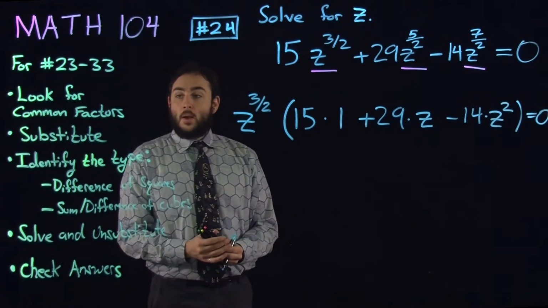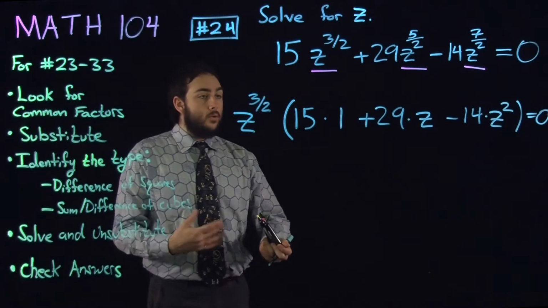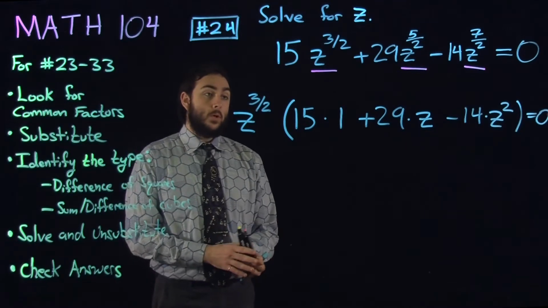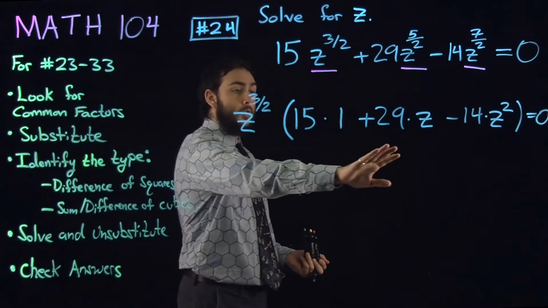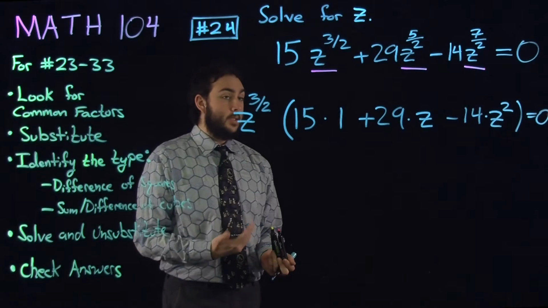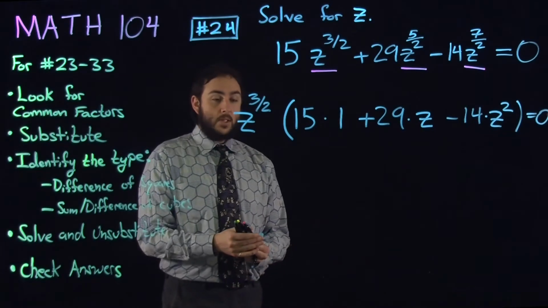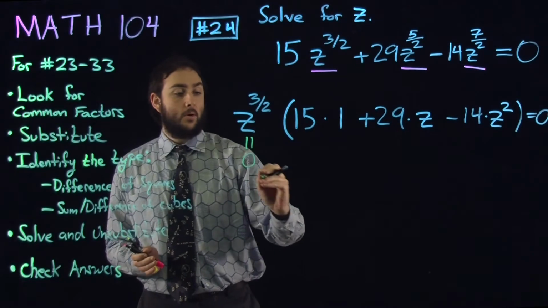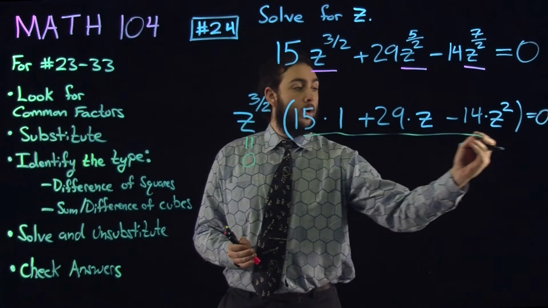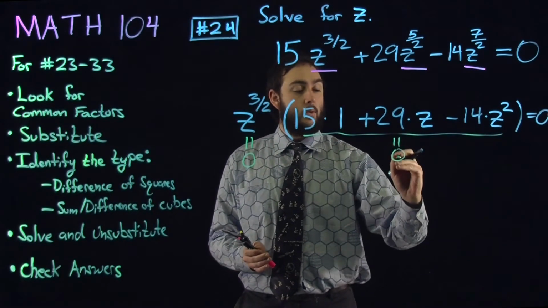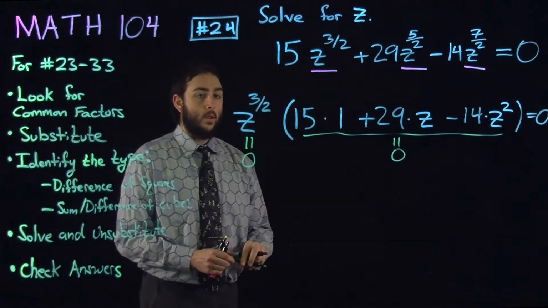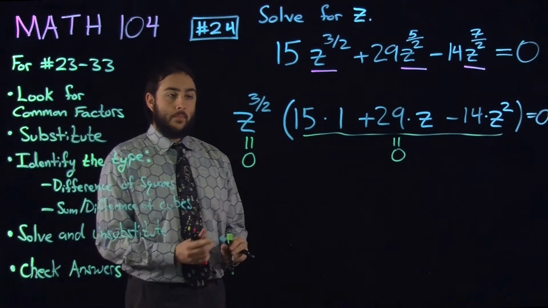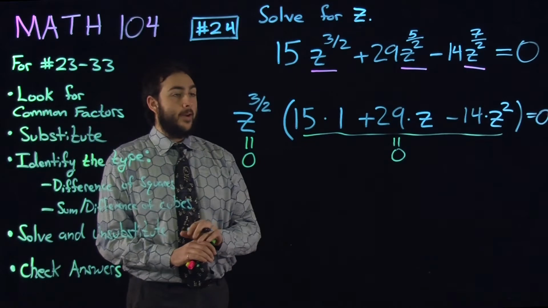So now we're going to use the zero product property, which says if two terms multiply to 0, then one of them must be 0. So either we have this term equals 0, or this term equals 0. So one of these is a quadratic equation.